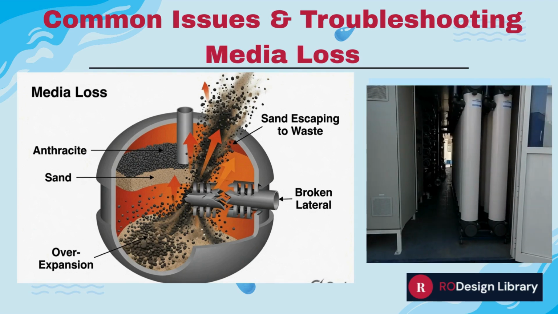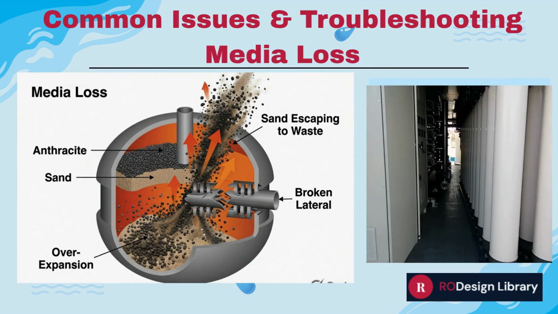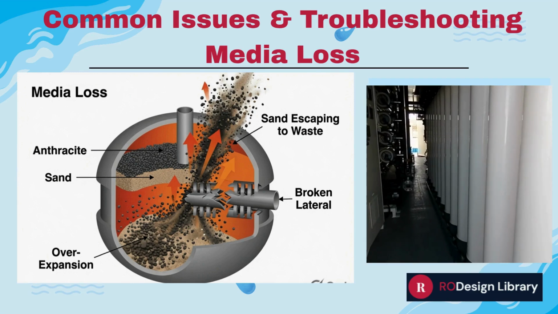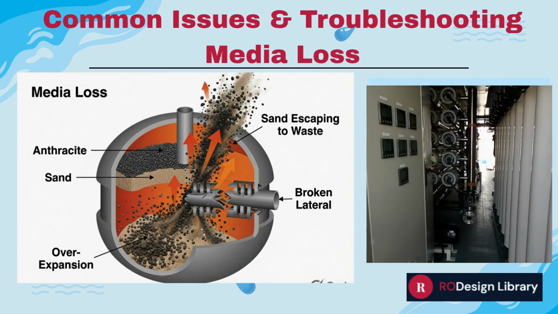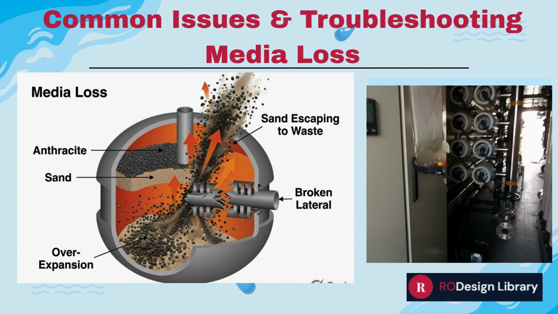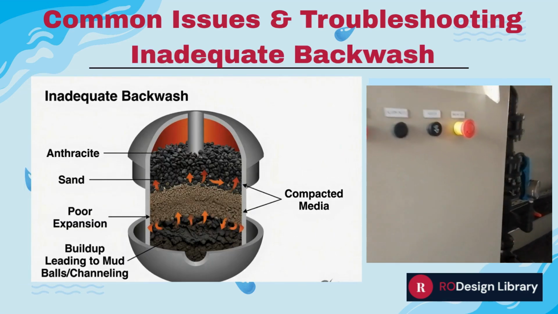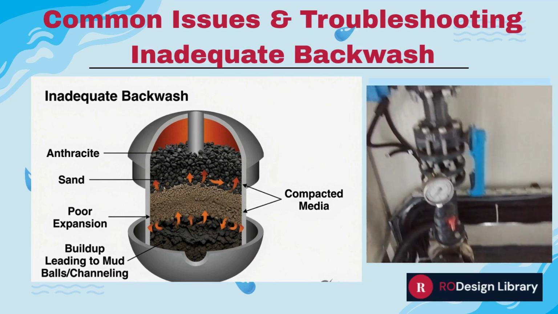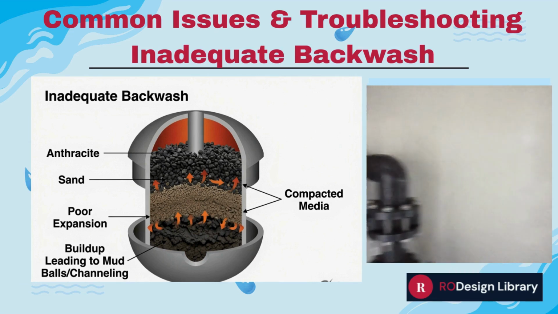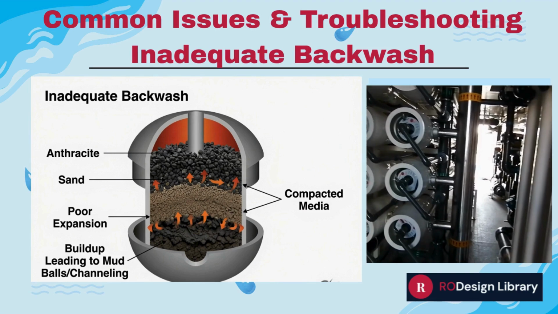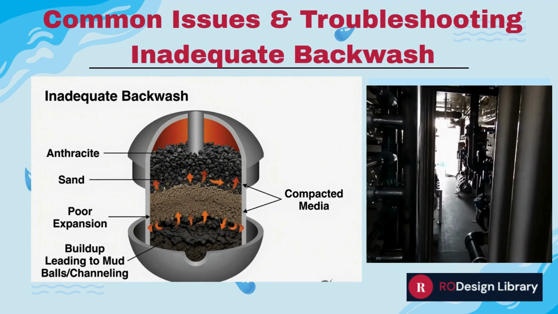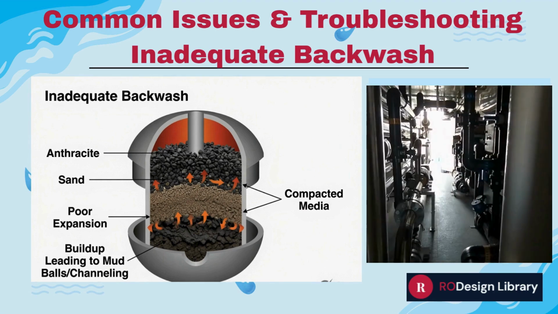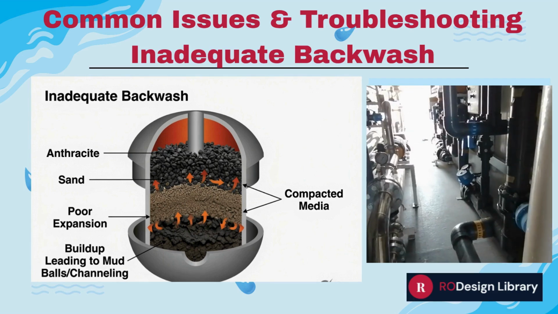Damaged under drains, incorrect backwash velocity, or improper media grading can gradually reduce bed depth and filter performance. Insufficient backwash flow or a short backwash duration prevents proper bed expansion and cleaning. As a result, trapped solids remain in the media, leading to mud ball formation, channeling, and higher pressure drop.